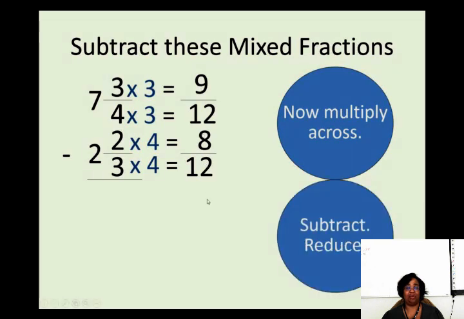Now I'm going to get 1/12 for the fraction, and the whole number I'm going to get 5. Because I'm subtracting 7 minus 2, I get 5. Here I'm subtracting 9 minus 8, and I get 1. 1 over 12 is as low as I can go, so that's my final answer. So you always need to check and make sure that you reduced and simplified as low as you could.